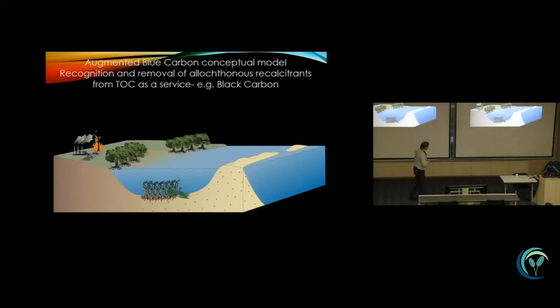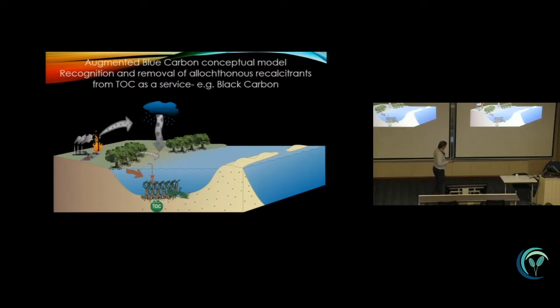If we just go to this very familiar slide, I don't know why I'm showing this because we've had these types of slides all the time, but in our research we augmented the blue carbon model a little bit. This is the conceptual model which everyone's more familiar with. Stuff comes in from mangroves and maybe the land.